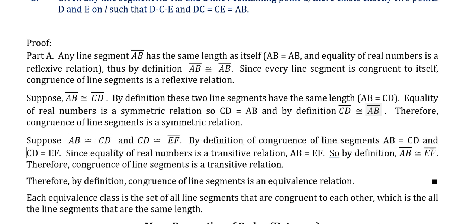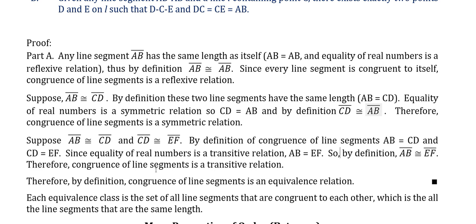Since equality of real numbers is a transitive relation, and AB is equal to CD and CD is equal to EF, AB has to equal EF. So, by definition, line segment AB is congruent to line segment EF. Therefore, congruence of line segments is a transitive relation.